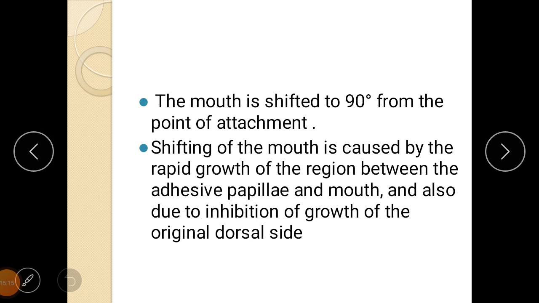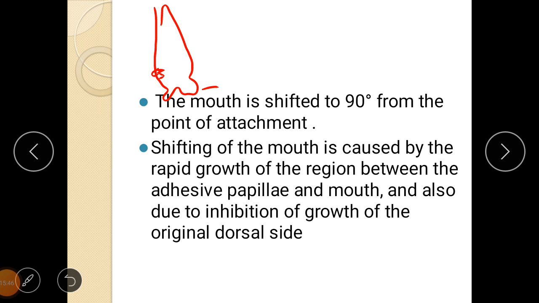Let me explain with a rough diagram. Let's consider this as a larva. This is the adhesive papilla, the point helpful for attachment, right? They usually have the oral aperture or mouth in the head region near the adhesive papillae. So according to the point, the mouth is shifted 90 degrees from the point of attachment.